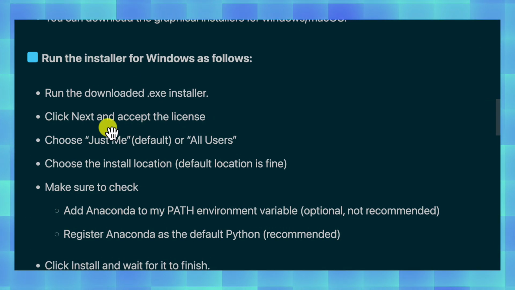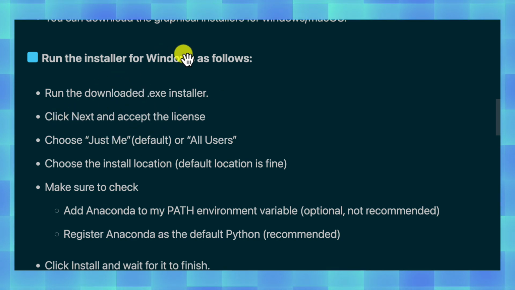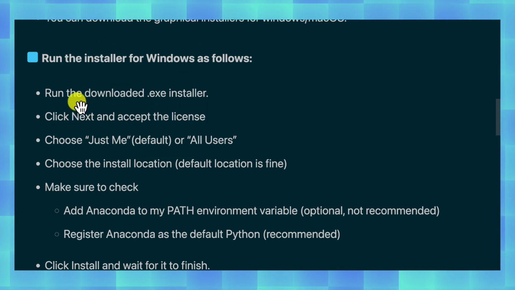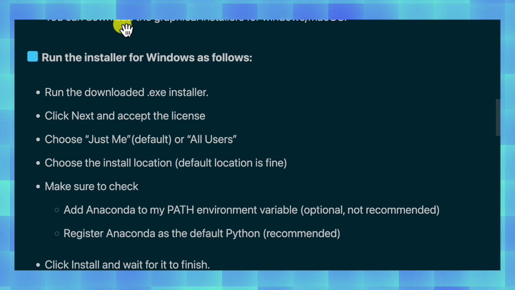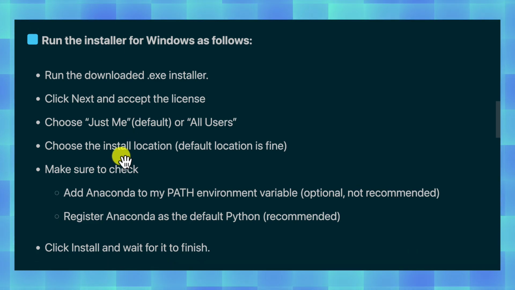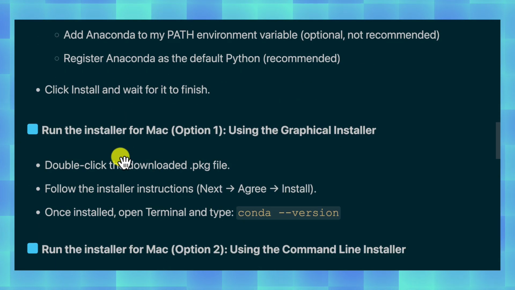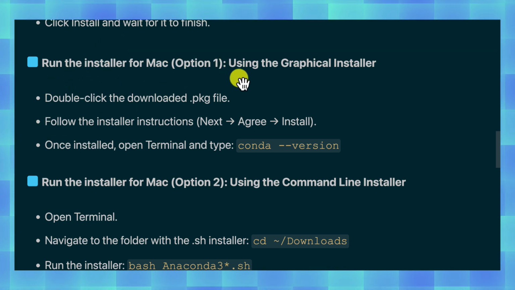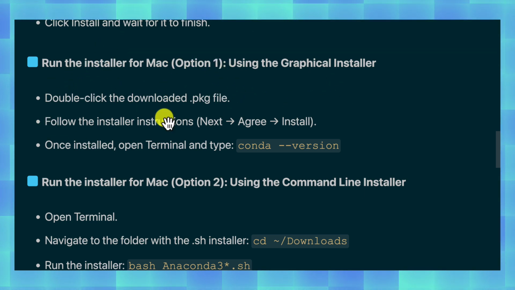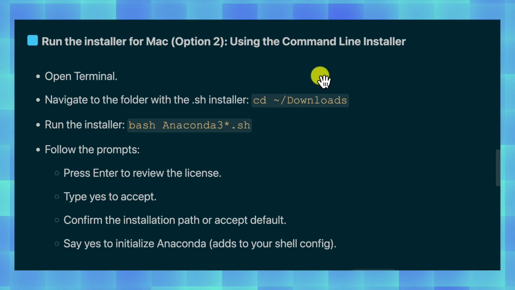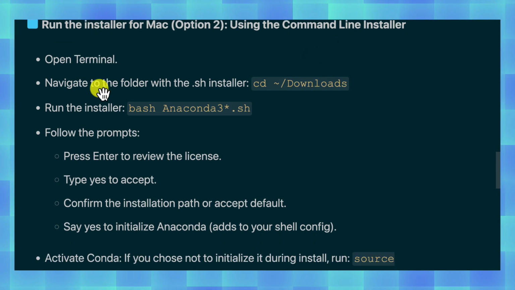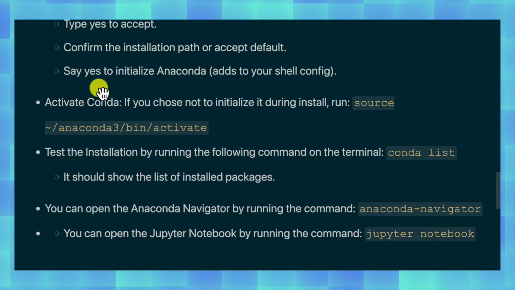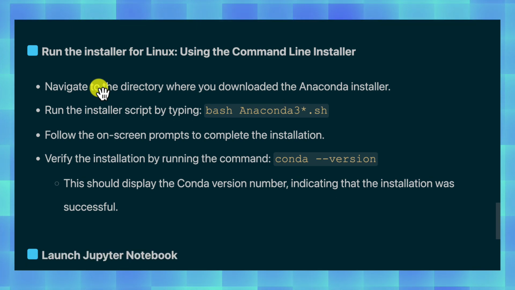Now we've seen how to install Anaconda on a Windows machine through the installer by following these instructions, and we've also seen how to install Anaconda on a Mac machine using the graphical installer, as well as using the command line installer.